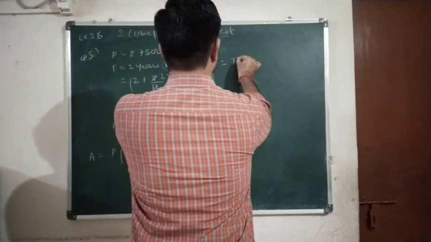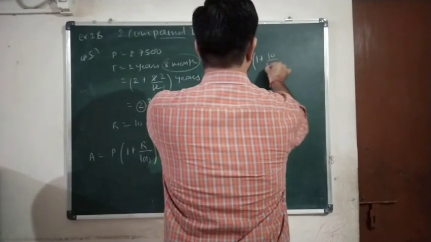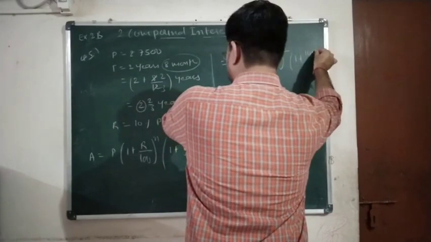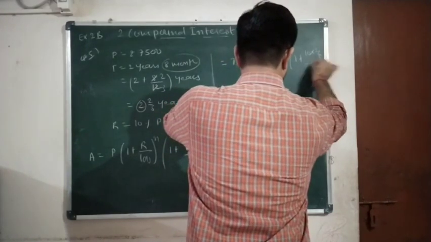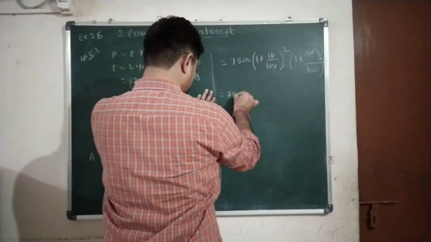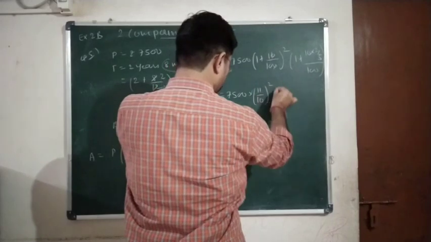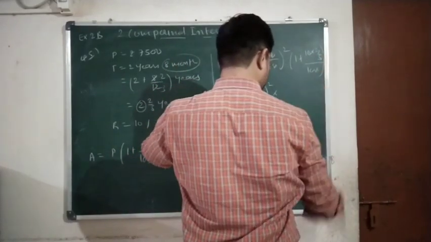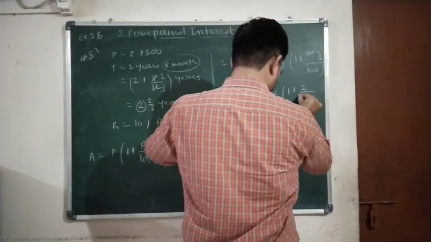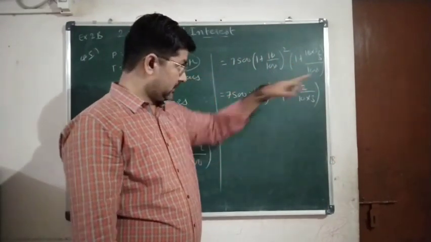Okay, so we will put the value now. P is 7,500 into (1 plus rate is 10% upon 100) raised to whole number part value of n, which is 2, into (1 plus 10 into 2 by 3 upon 100). Okay, now we can simplify this. 7500 into (11 by 10) raised to 2 into, we can cancel this 0. Okay, so we got in this bracket 1 plus 2 upon 10 into 3. Yes or no? This denominator you will take with 10.